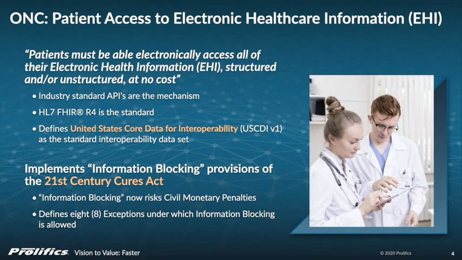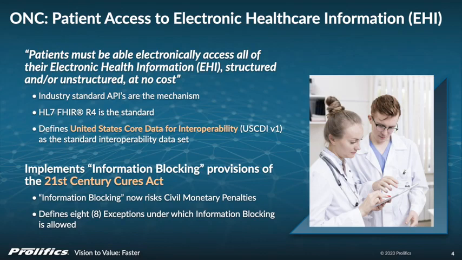So let's look first at the ONC mandate. The ONC mandate specifically deals with giving patients electronic access to their electronic health information. It defines that APIs are going to be the mechanism through which patients access this information so that it can be accessed from smartphone apps. And it also defines the HL7 FHIR R4 standard as the industry standard for the APIs that will be used for this data interchange.